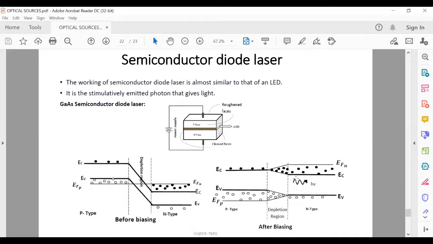This photon is reflected back into the depletion region at the polished faces and stimulates further recombination.